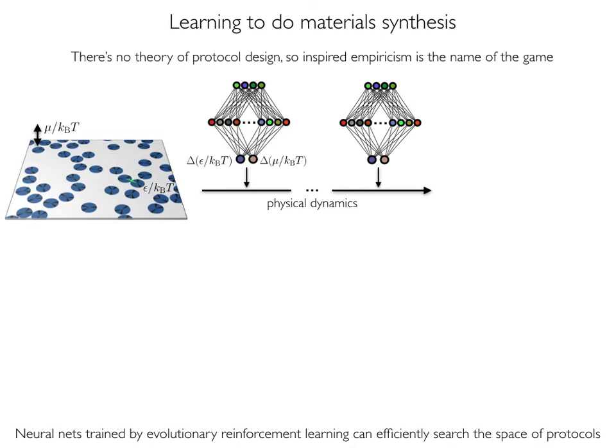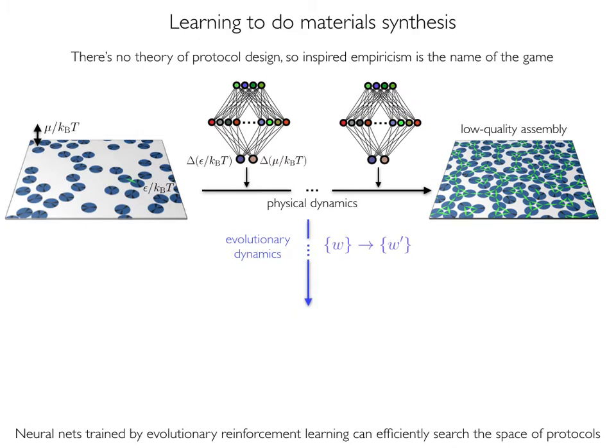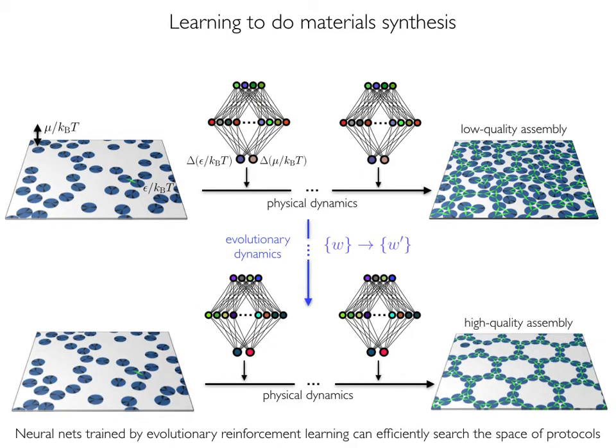The inputs to the network can be as simple as the elapsed time of the protocol, or sometimes some microscopic information that might be accessible experimentally. Networks, initially chosen at random, promote random protocols and low-quality assembly, but under neuroevolutionary learning, they learn to promote desired outcomes specified by particular order parameters.